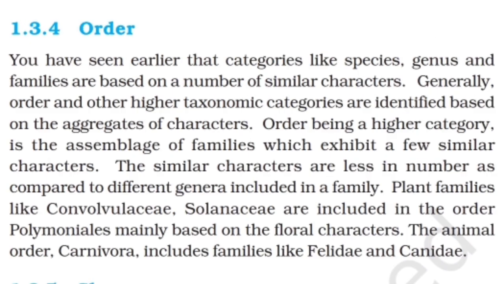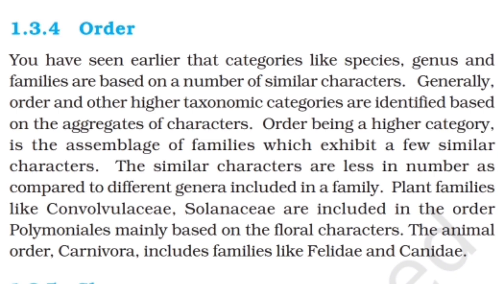1.3.4 Orders. You have seen earlier that categories like species, genus and families are based on a number of similar characters. Generally, orders and other higher taxonomic categories are identified based on the aggregates of characters. Order, being a higher category, is the assemblage of families which exhibit a few similar characters.